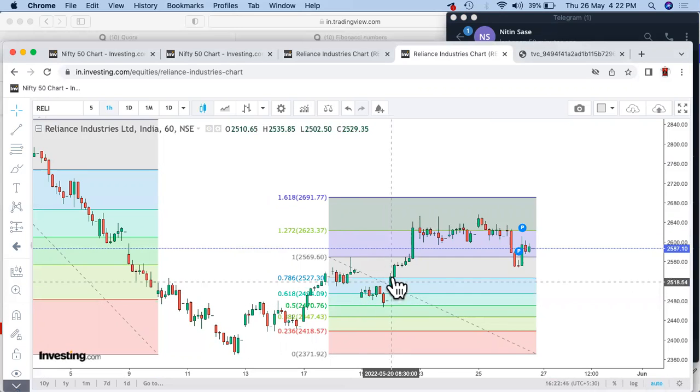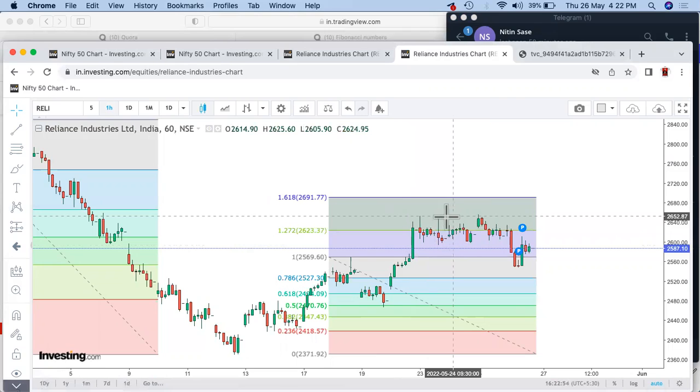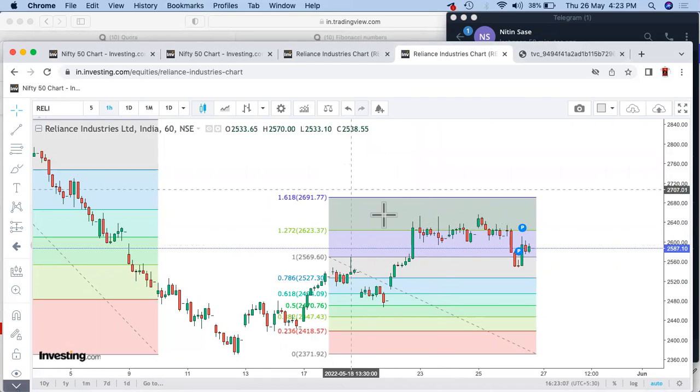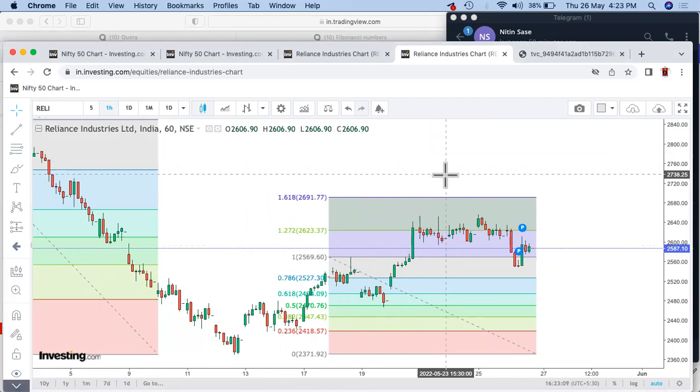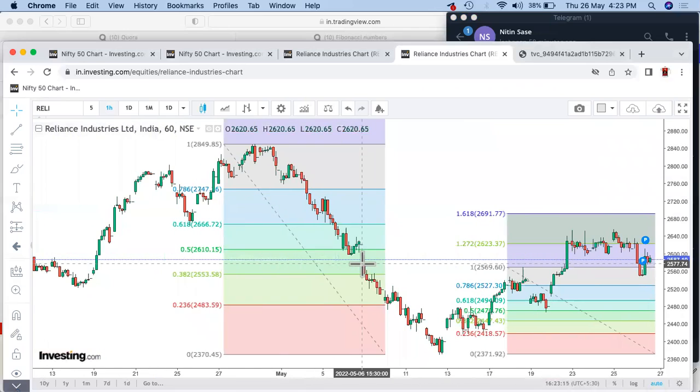So I'll start taking it up to 1.272. If it is not going above that, I'll start trailing my stop loss from here further up. And when I know that this double top is not going any further, I'll trail my stop loss and close the trade, right? Double tops are always dangerous unless you have a cup and handle being formed after that. If it is not forming, just try to exit the trade. That is how you'll be able to take trades on different time frames, right?